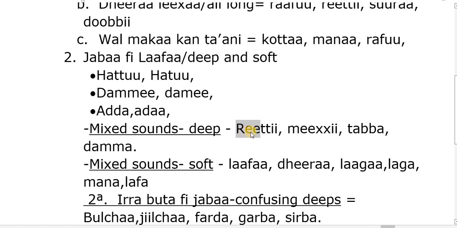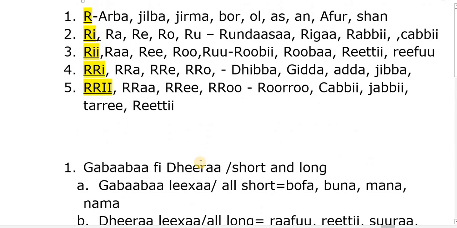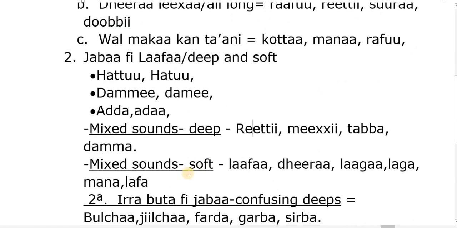Long, soft, deep, long again. So they are all mixed up in Oromo. So when we write or when we read, we need to know those. Why I say reeti, not reti, or not red, not ret, because of the sound we indicated that they are longer when we read them. That we need to know.